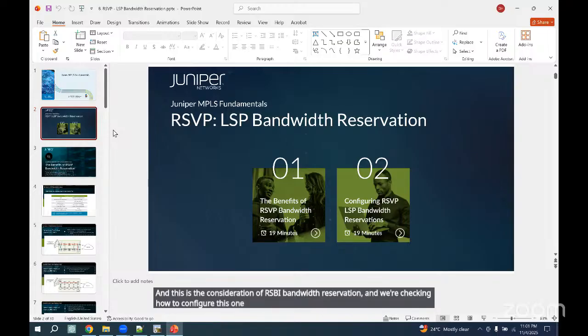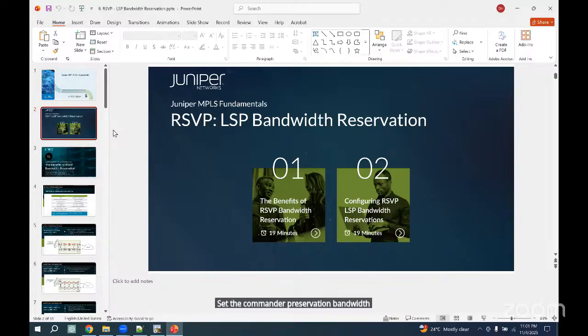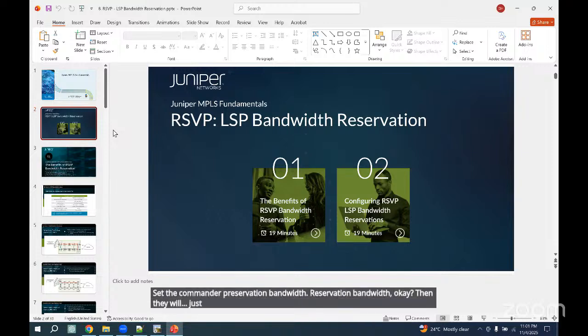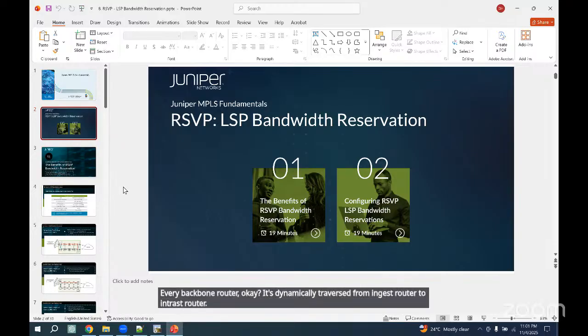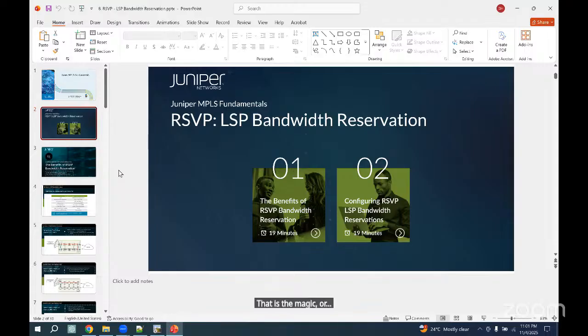Very simple: just go to your specific LSP and set the amount of reservation bandwidth. You configure the reservation bandwidth on the ingress router. No need to configure it on every backbone router. It's dynamically signaled from the ingress router to the egress router. That is the dynamic feature of an MPLS RSVP LSP.